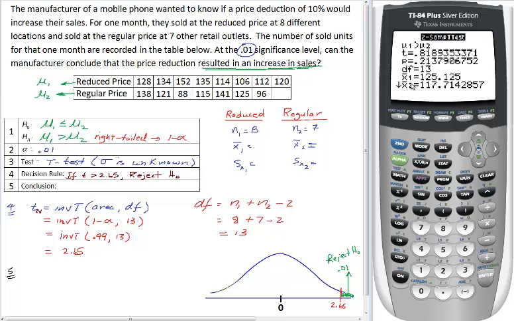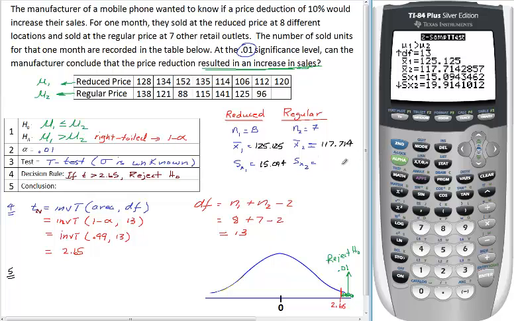Now notice it will give you the mean of each group. Right there, x bar 1 is 125. You don't have to write those down, but if we had done it separately, we would have got this for the mean of the first one. The mean of the second one is 117.714. If we go down further, we can get the standard deviation of the first one, 15.094, and the standard deviation of the second one, 19.914.